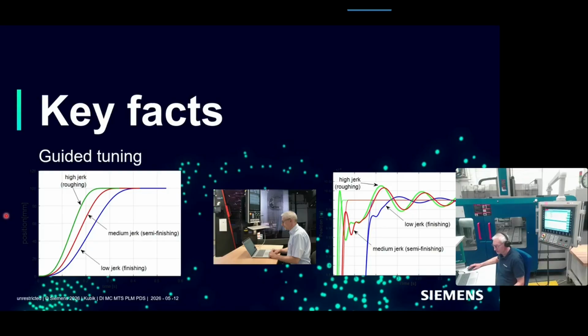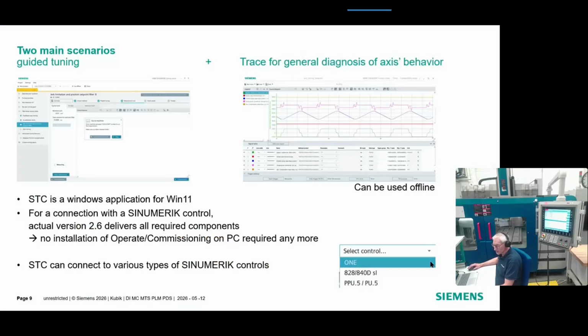All right, thank you. So what will we see today? Let's dive into the main facts. The application STC supports two main scenarios. On the one hand, it's the tuning of the CNC axis, and we call it guided tuning. You will hopefully see in the next half hour what that means.